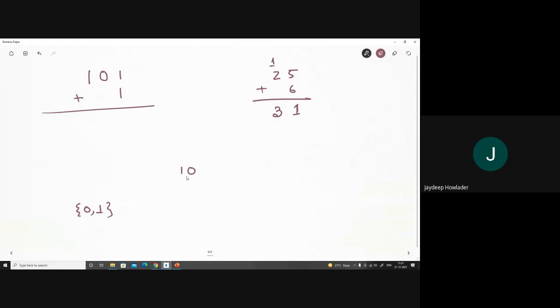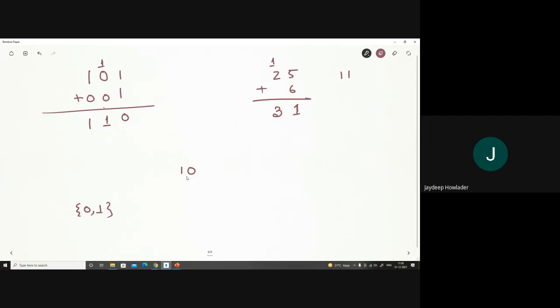I cannot fit 11, so I have to fit 0 and the carry will be added to the next number. So now it becomes 1, and 1 plus 0 is 1, and then 1 plus 0 is 1. Understand? Yes, sir. Otherwise, don't worry, your digital electronics class will explain these things. Okay. Understand?